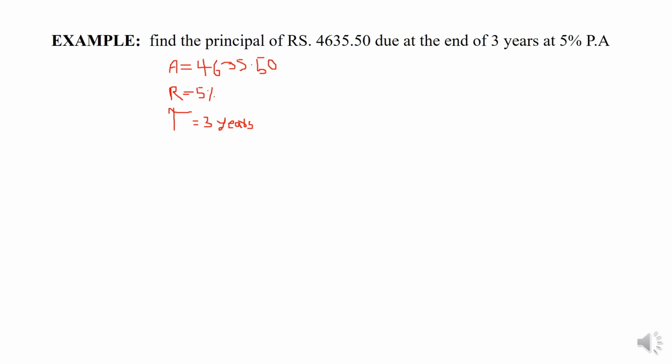So we already know the formula, and we can write it in this form: P equals A divided by (1 plus R by 100) whole, and in the power we will have n.